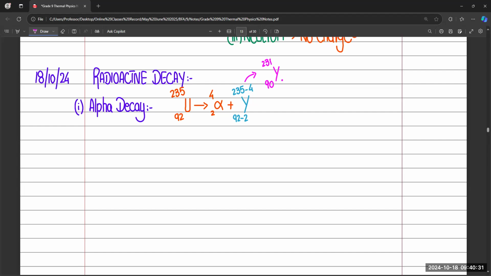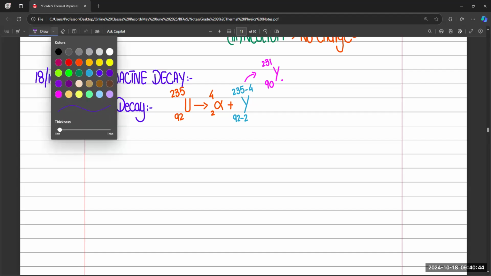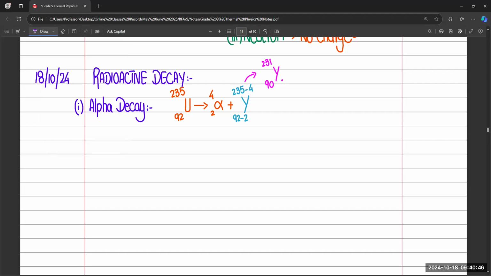In the same way, if we consider beta, so we know that beta are fast moving electrons. So according to that scenario, number two, yes. Sir, we supposed uranium was not balanced, or it is already not balanced.